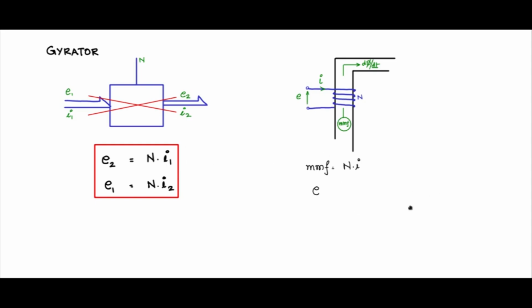Likewise, E is equal to N times I2, which here represents d phi by dt. So MMF is equal to N into I, ampere turns, and E is equal to N d phi by dt, again Faraday's law. This is how the electrical domain and the magnetic domain are related, and this portion is called a gyrator, or the gyrator action.